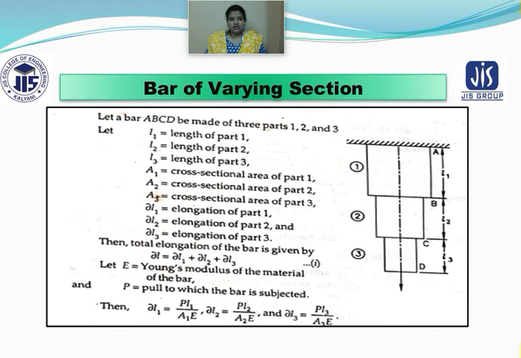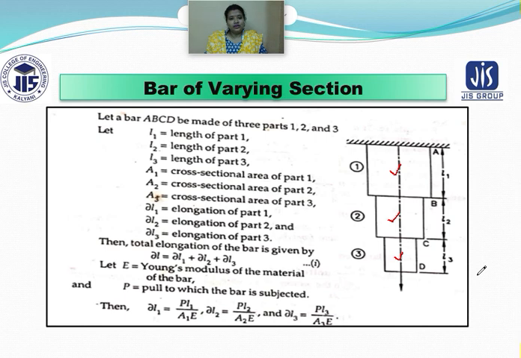Now if I ask you what the total elongation of this particular bar will be, I must say that in bar 1 you will have a different elongation, in bar 2 a different elongation, and in bar 3 a different elongation.